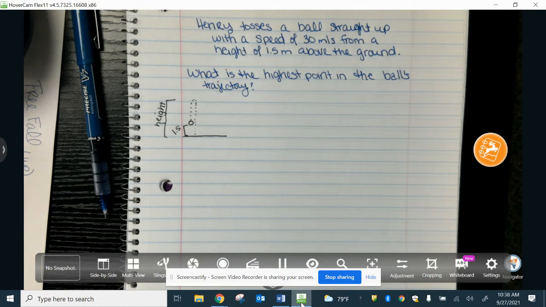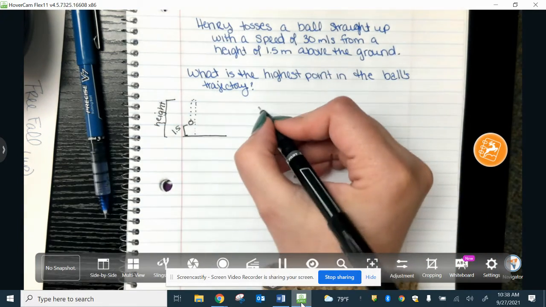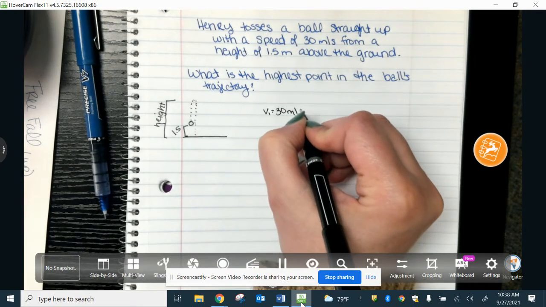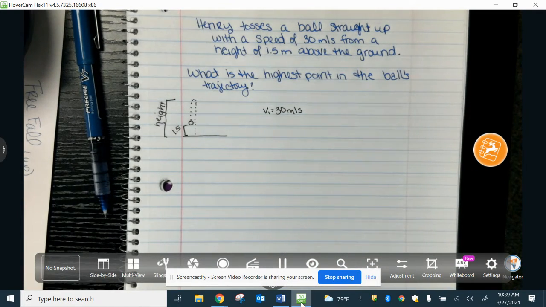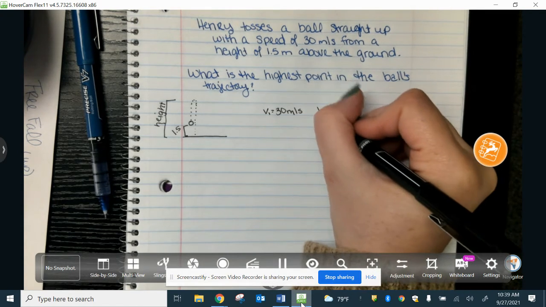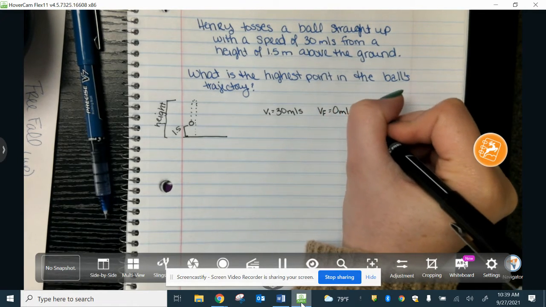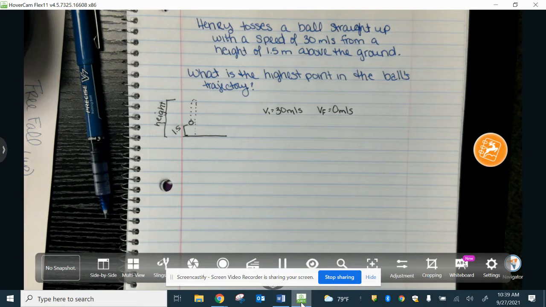So our schematic looks like this. I know that my initial velocity is 30 meters per second. We know that when that ball reaches the very tippy top of its trajectory, just for a fraction of a second, the velocity is 0 meters per second.